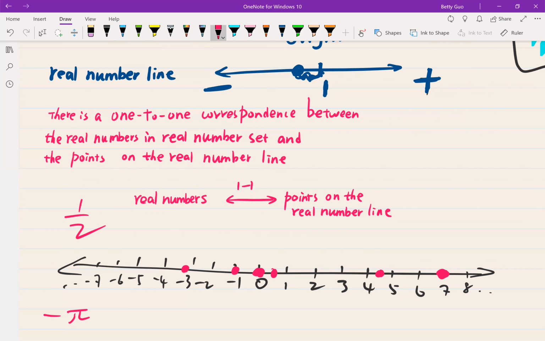The point on the real number line is the geometric expression of a real number. The real number is the algebraic expression of a point on the real number line. So sometimes we don't make a difference. When we see a real number, we say that's a point on a one-dimensional space, the real number line. When we see a point, we know that's a real number.